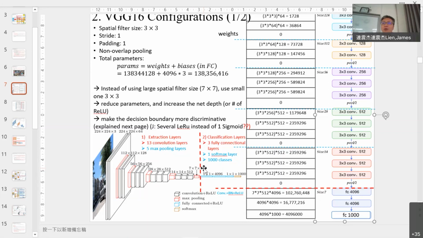Okay, this is the other important one. People already proved actually 7 by 7 is too small. So people sometimes don't do this one. They feel we need to have 14 by 14 by 512. So recently people don't do this downsampling. They use it here. It is 14 by 14 by 512.